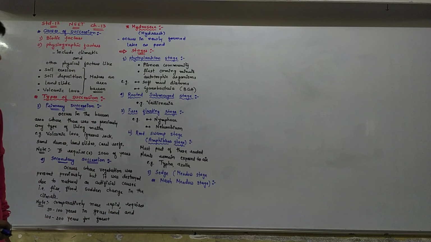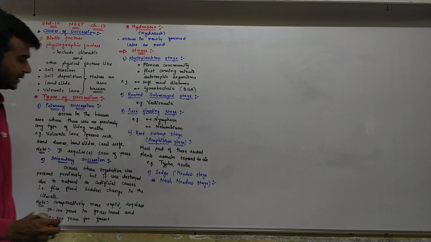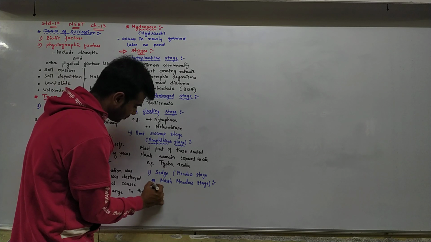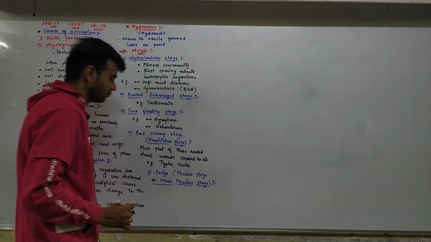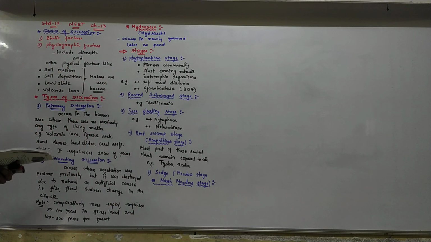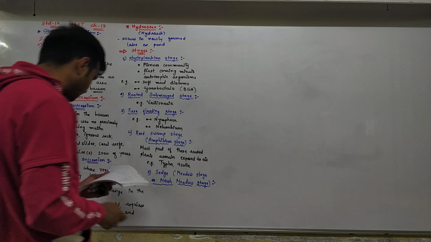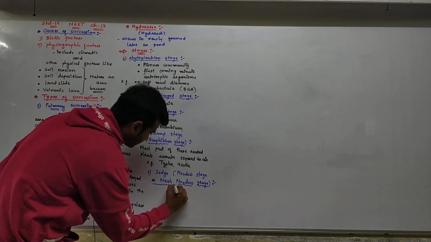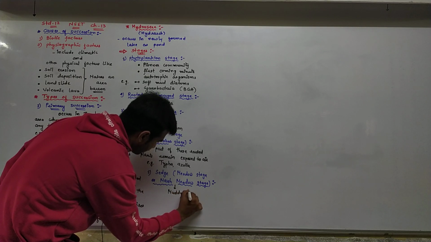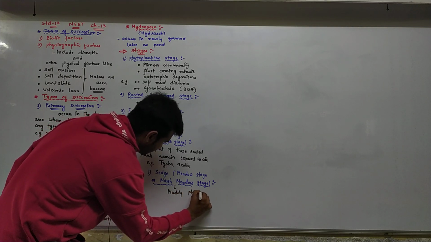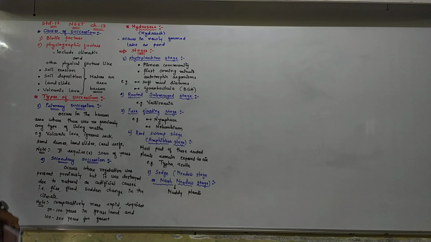Sedge meadow stage. Generally, combined, we know it as the sedge meadow stage, or we say marsh meadow stage. Here, some plants are present in the mud. So, example, muddy plants are seen in the sedge meadow stage.